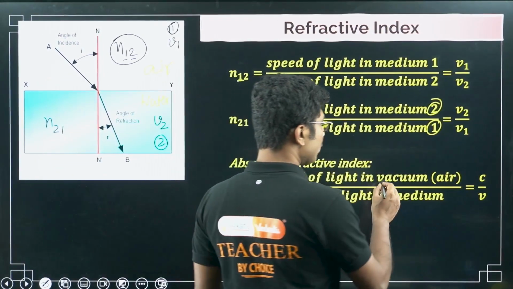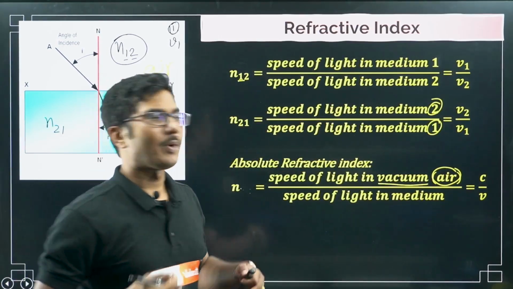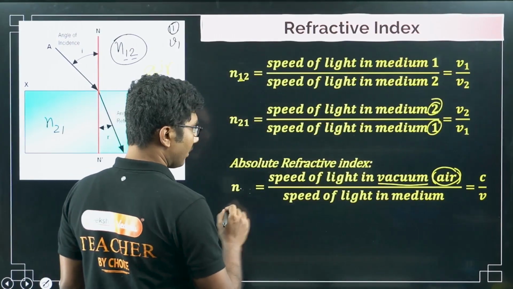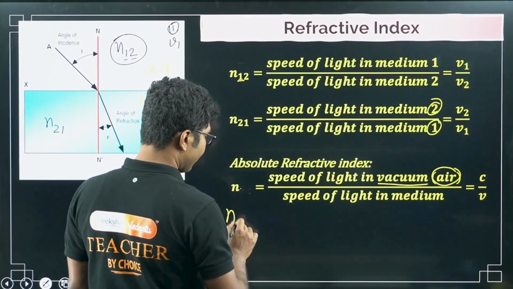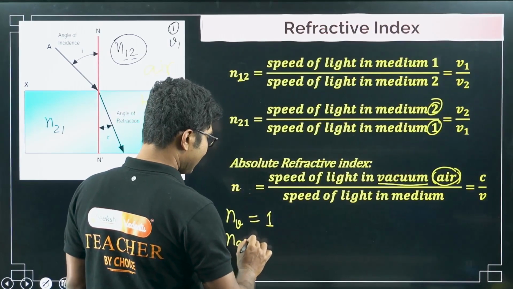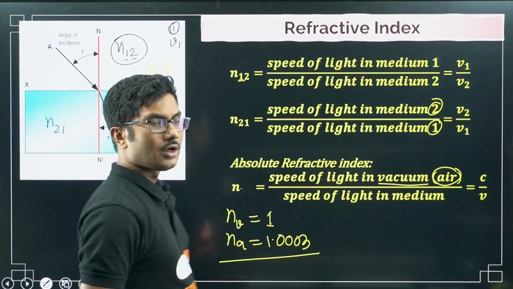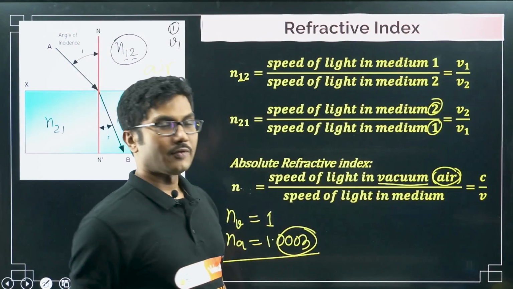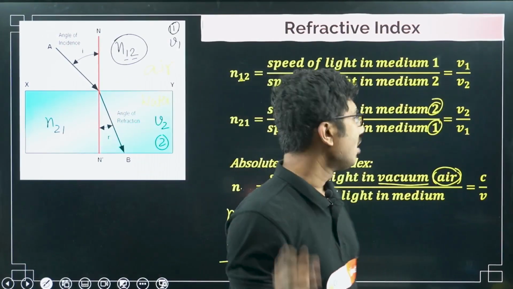In most practical cases, vacuum can be considered as air, because air and vacuum are almost the same. The refractive index of vacuum is 1 for any light, and the refractive index for air is 1.0003. They are very close, so you can ignore the 0.0003 and say the speed of light in vacuum and in air is almost the same. The variation is very small, so we ignore that.